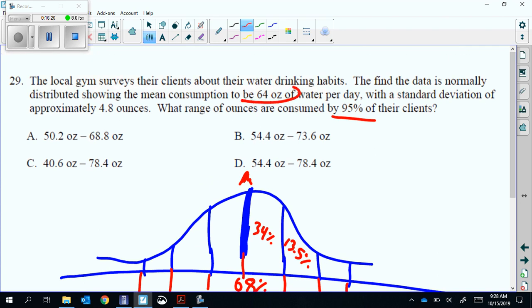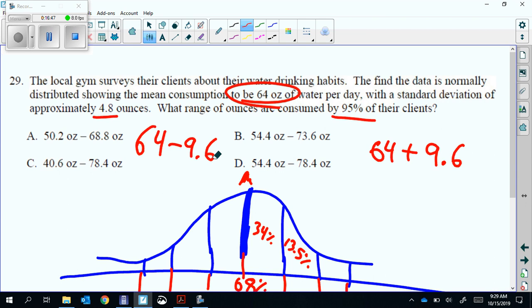The mean is 64 ounces. We're going to go plus two standard deviations and minus two standard deviations. A standard deviation is 4.8. So 2 times 4.8 would be 9.6. We're going to add 9.6 and we're going to subtract 9.6.